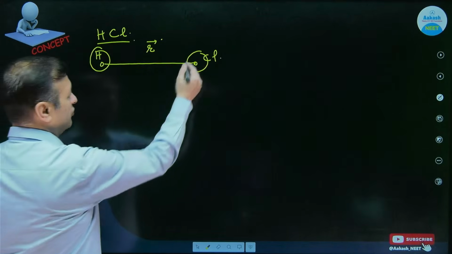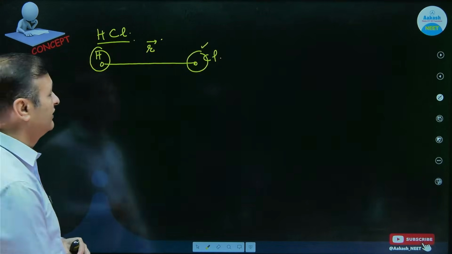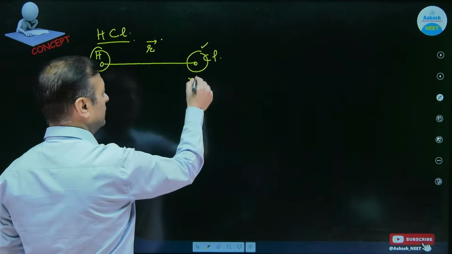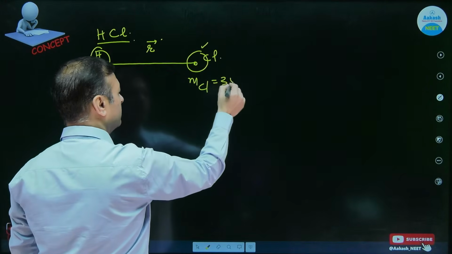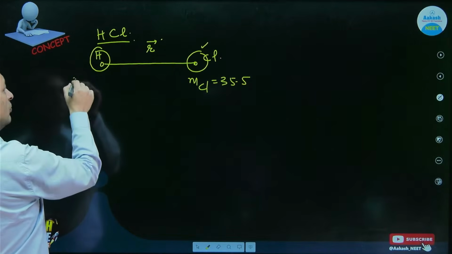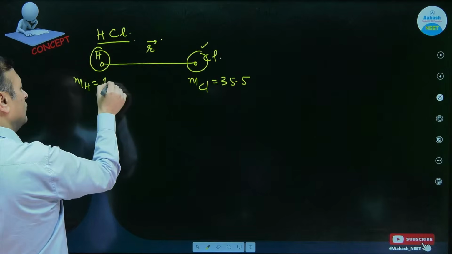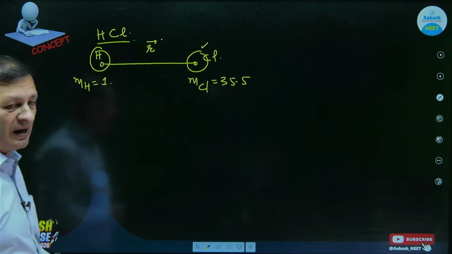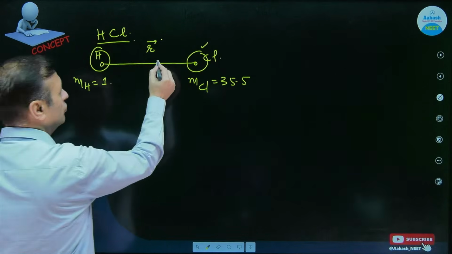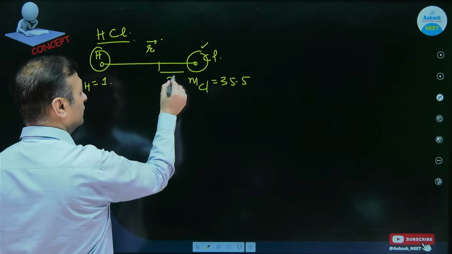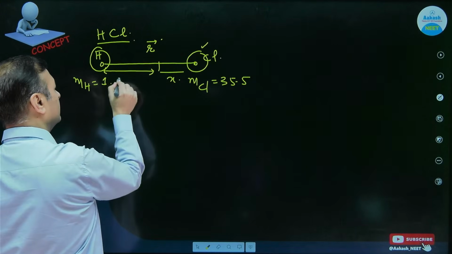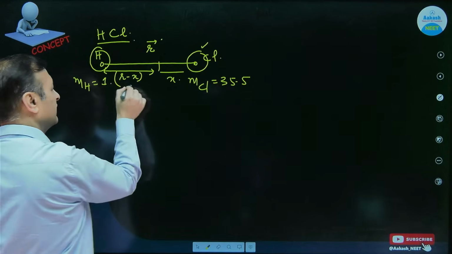Because chlorine is heavier, the mass of chlorine we can put as 35.5, whereas the mass of a hydrogen atom is simply 1. So the center of mass would be closer to the chlorine part. Suppose this distance is x and this one is r minus x.